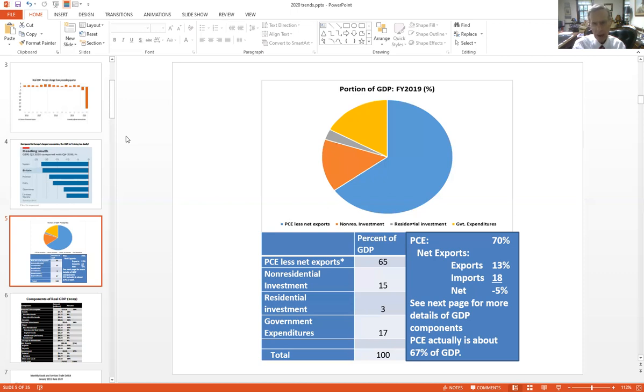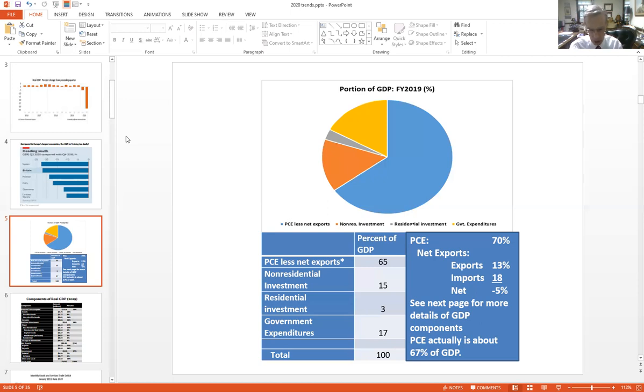When you net it all out, the consumer sector, PCE, actually is about 67%, just about 2/3 of the GDP. Obviously, ours is a consumer economy. The other segments of note are the non-residential investment.